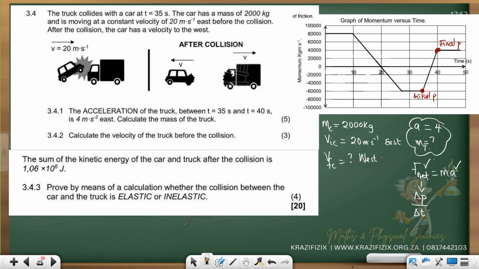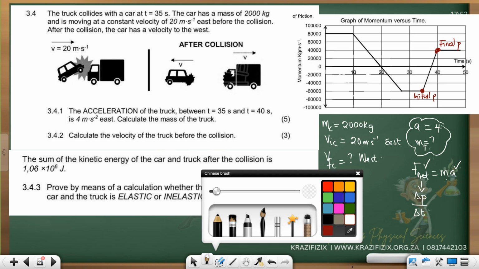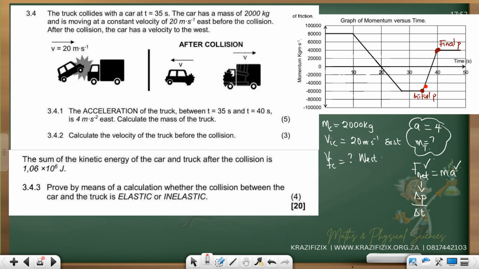All right, so they were told that the truck collides with the car at t equals 35. And you would see that is where the change occurs. That's 30, that's 40. So you see this line here, that is the time of collision between 35 and 40.